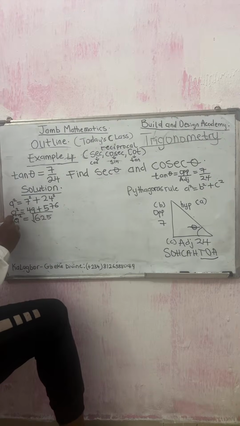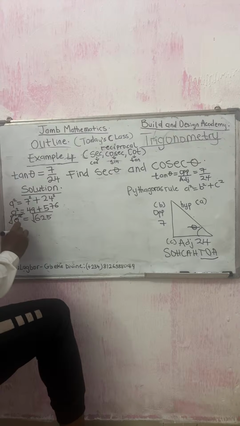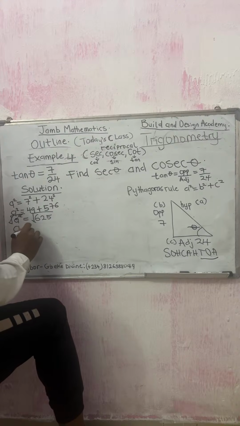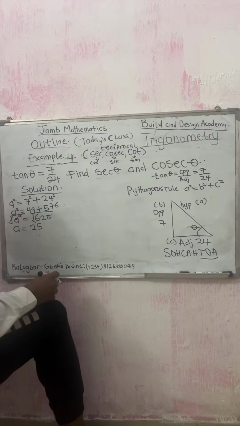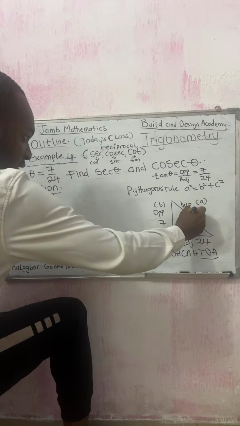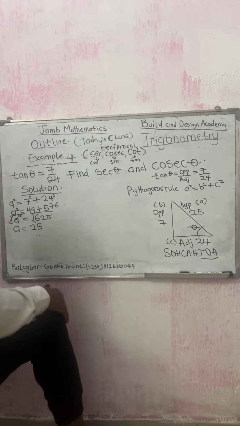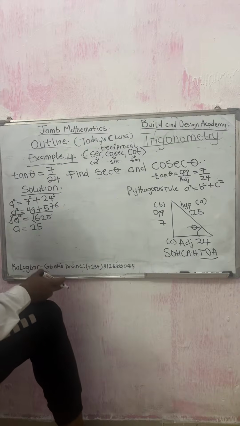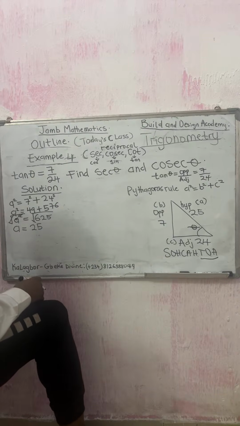The square root cancels the square and we are left with a equals the square root of 625, which is 25. So we have gotten a, which is our hypotenuse, as 25. So we are done with step 1, look for the hypotenuse.